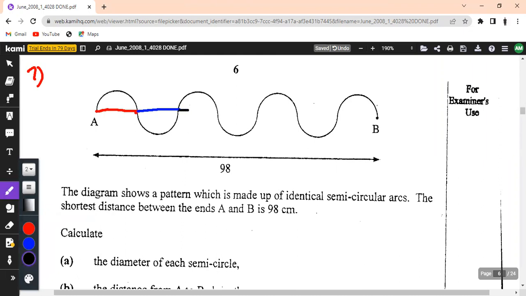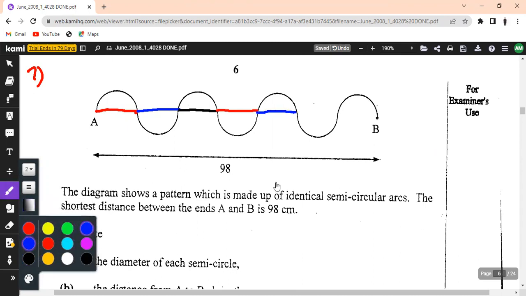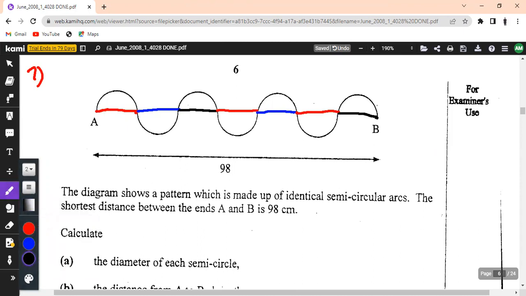As you can see, guys, it was made of semicircles throughout this part. Maybe it can be clearer if I do it this way. These are just the semicircles that were made from this particular section. How many semicircles are there? 1, 2, 3, 4, 5, 6, 7. So there are 7 semicircles.